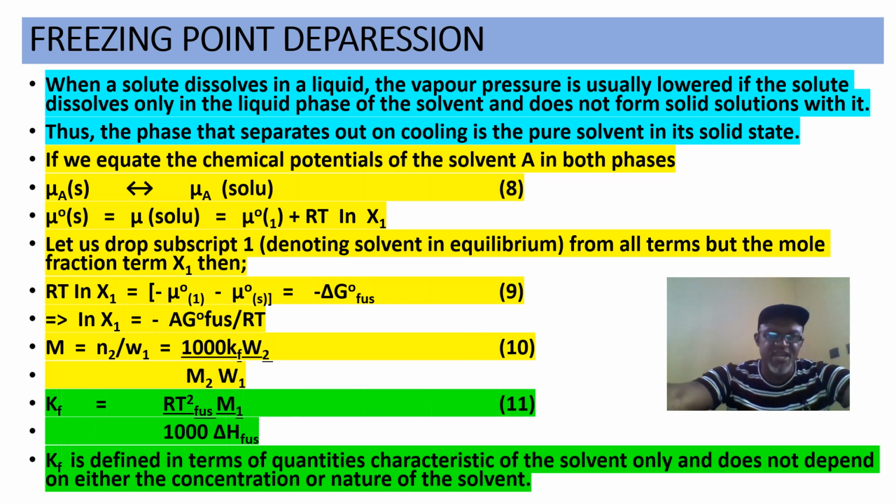And again, if you have a substance and you add a solute, it will reduce or depress the freezing point of that substance. Which means that the phase that separates out on cooling is the pure solvent. Now this depression of freezing point can easily be envisaged if you look at something like Coca-Cola.